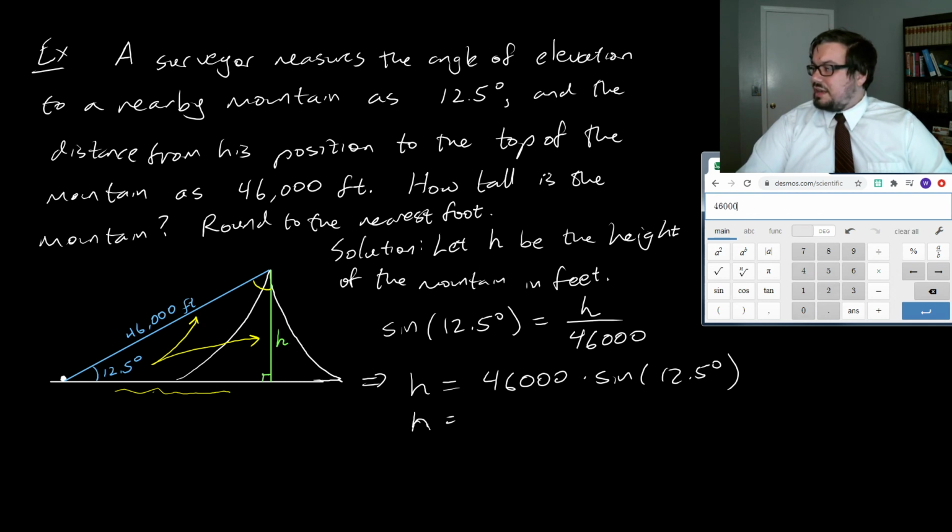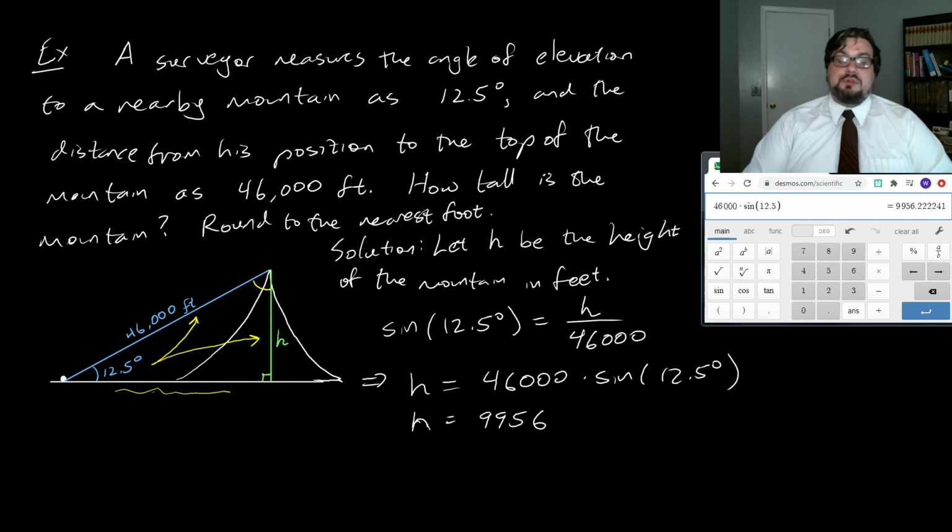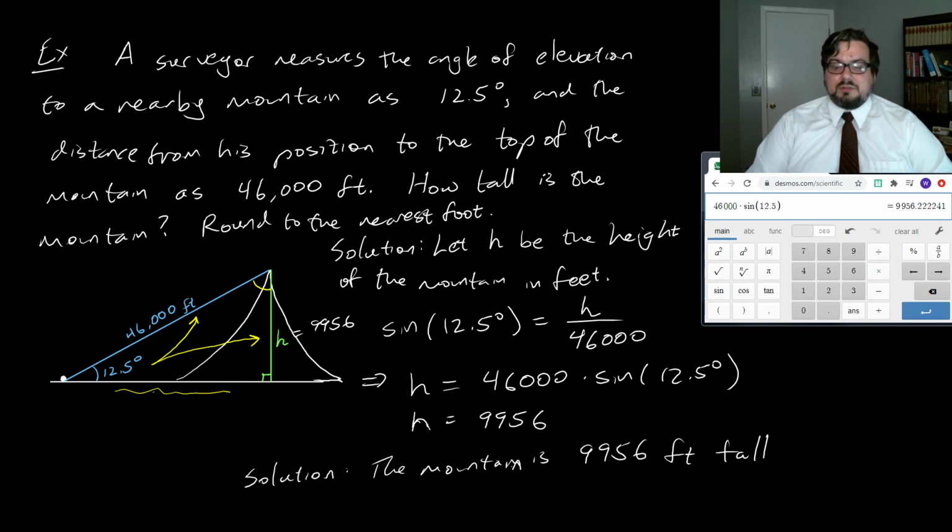So 46,000 times sine of 12.5, I checked to make sure I'm still in degree mode, gives us 9956, rounded to the nearest foot. And so for our answer, we can say that the mountain is 9,956 feet tall.